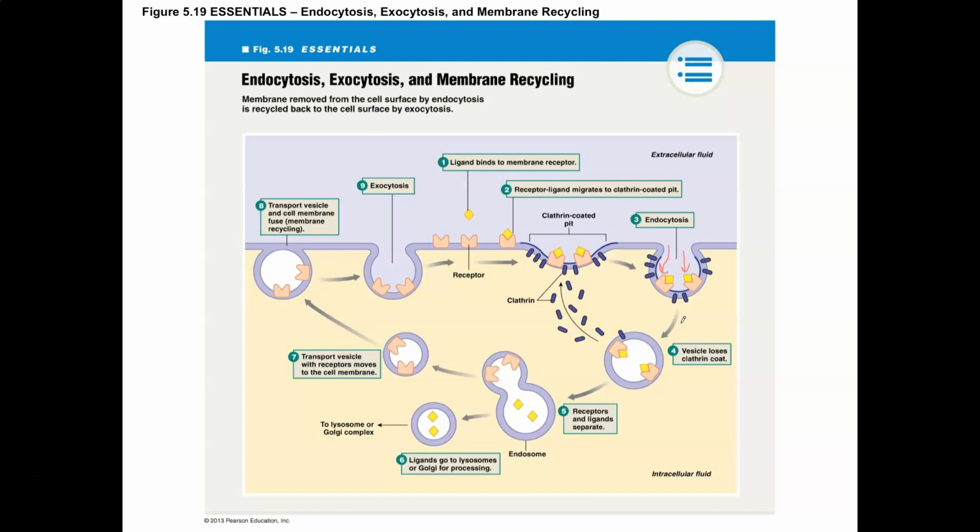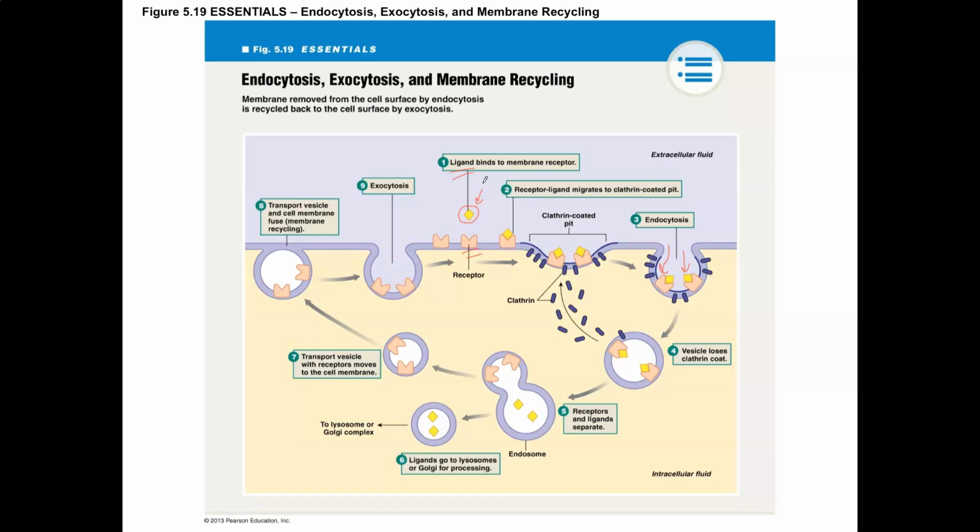But receptor-mediated endocytosis utilizes receptors. So in this diagram, there are receptors depicted in the plasma membrane. And this receptor is going to interact with a specific molecule or ion in the extracellular fluid. So that receptor is going to bind to that ligand. Again, a ligand is just a term we use, just like we can say a substance.